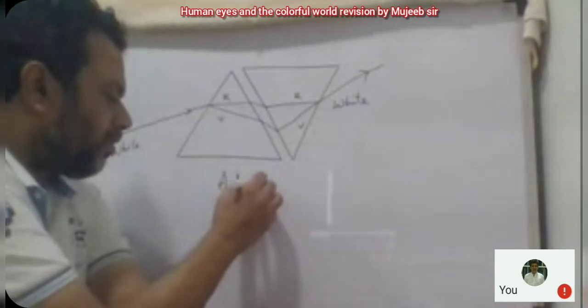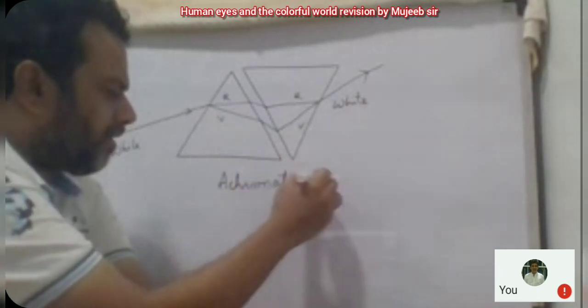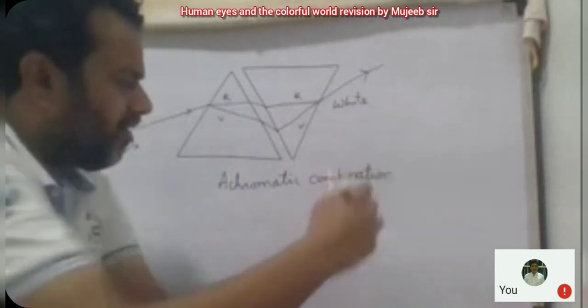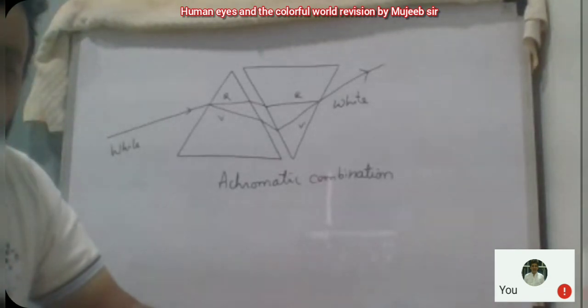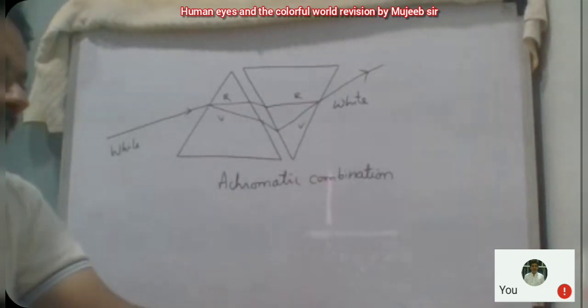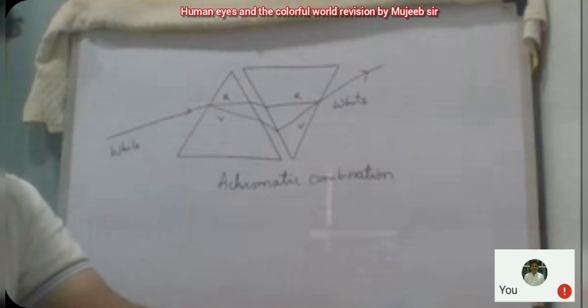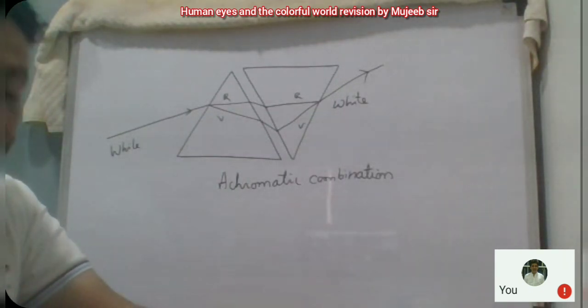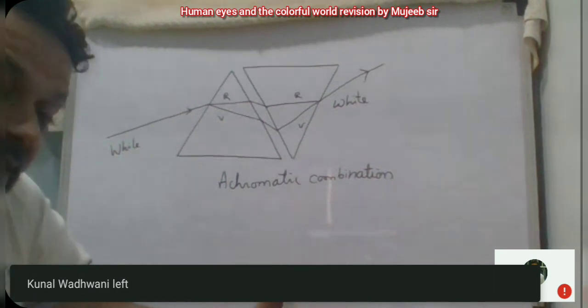It is also called the achromatic combination. Achromatic combination of prisms. Okay. See, last year you studied chromatography, where you saw that blotting paper or tissue paper or filter paper can be used to separate the components of the colors present in the ink.